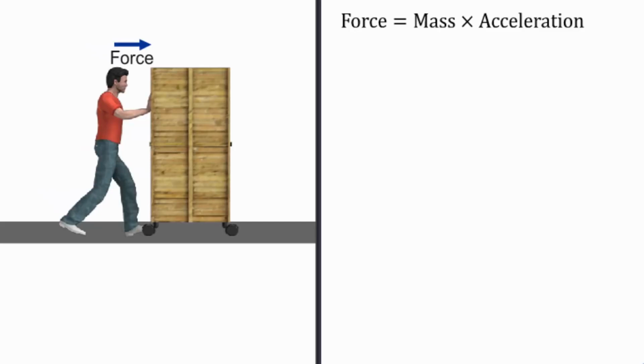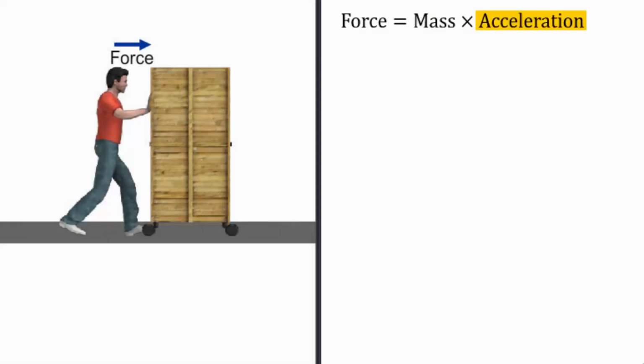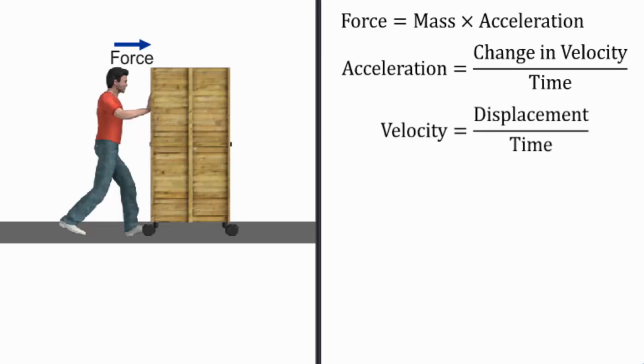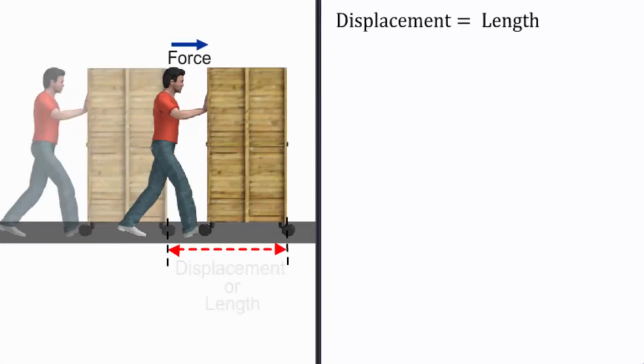Mass is a base quantity, and acceleration is a derived quantity, which is the ratio of change in velocity to time. Velocity, which is also a derived quantity, is the ratio of displacement to time. Displacement, in basic terms, is length.